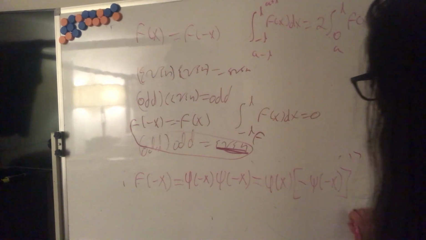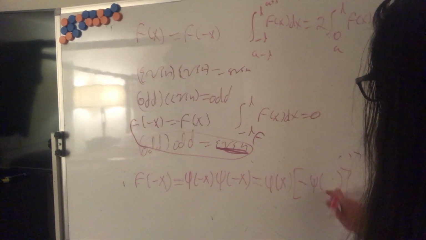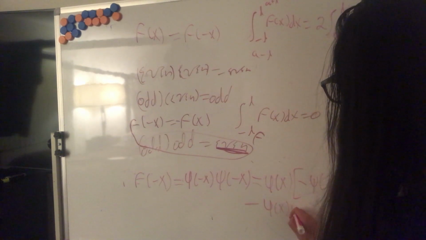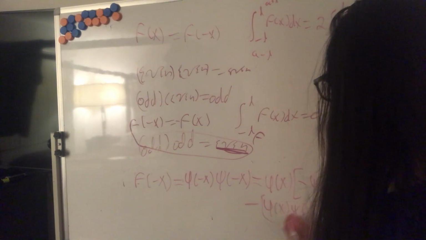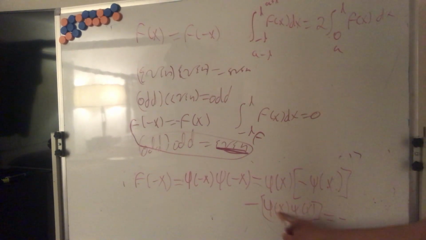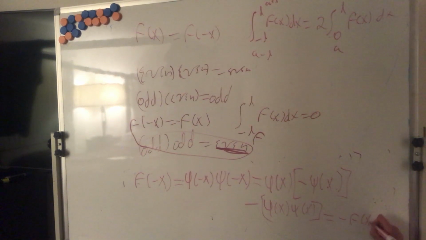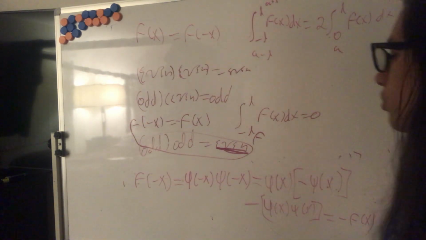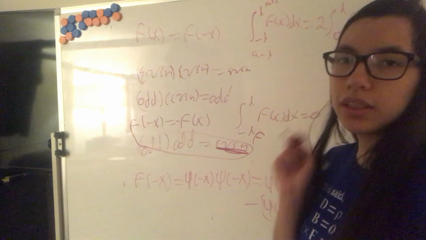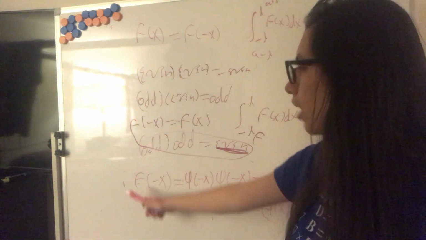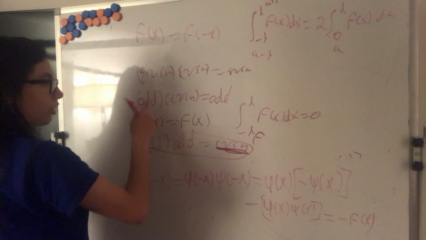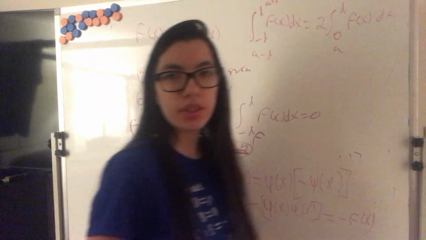This is equal to negative phi(x) times psi(x), and this is the same as negative f(x). So f(-x) is equal to negative f(x), and so we proved the property that an odd function times an even function, or vice versa, is an odd function.